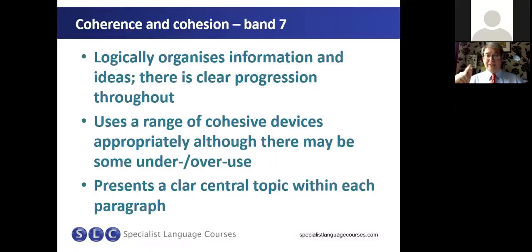However, and this is important, the most popular color throughout the decades was red. So cohesive devices let the reader know how important things are, how they fit with one another, how things progress numerically, how they progress chronologically. So they're very important. Use a range of cohesive devices and you'll be hitting band 7+ in coherence and cohesion.